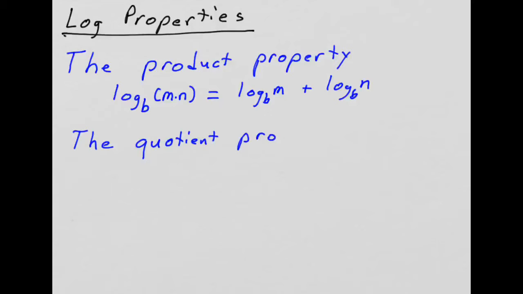So the second one we have is the quotient property. And there we're going to have a division: log of m over n is equal to, just like with the exponents, if we were dividing powers, we would subtract.